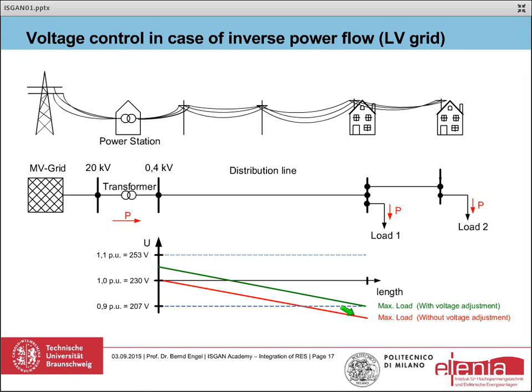This can be done when the transformer is switched off, and then an employee of the DSO can change this by hand. We call this offload tap changer. In this time, the households are switched off. Of course, this can't be done in a regular manner, only one time in 5 years.